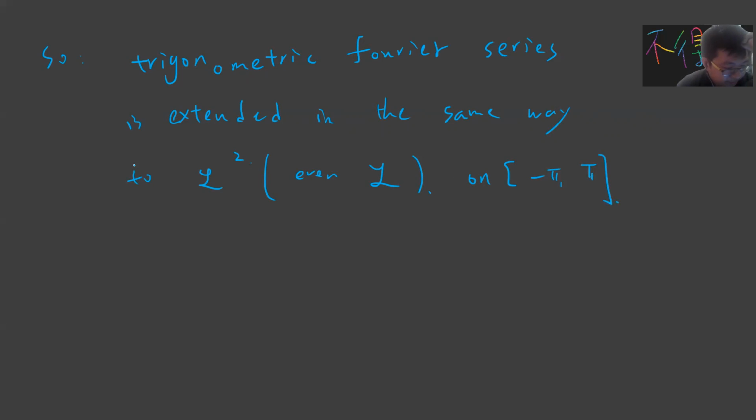And you can easily prove that the Bessel inequality that I proved previously also holds in L2. Okay, so what we need to prove is another theorem, which is Parseval.